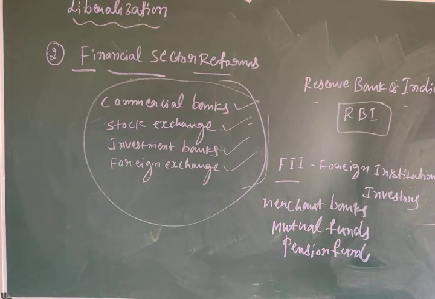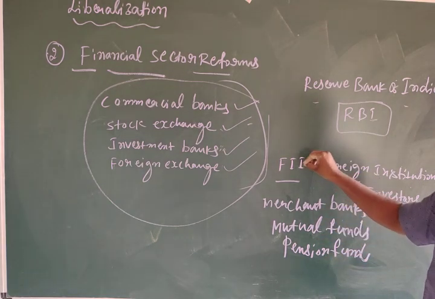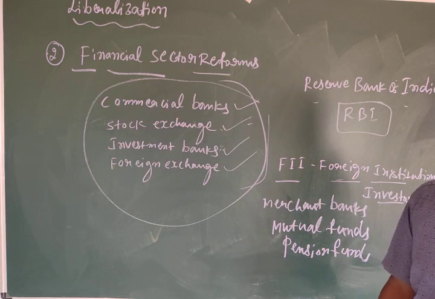So through the finance sector, with the help of liberalization, they are given permission to invest in the Indian financial market from other countries. Foreign institutional investors, FII. Before, there was no permission to invest by other countries.